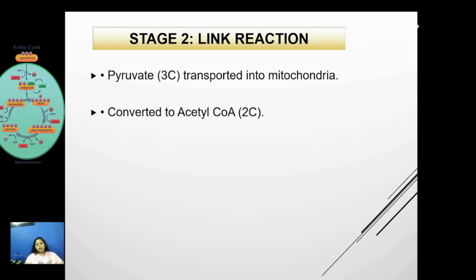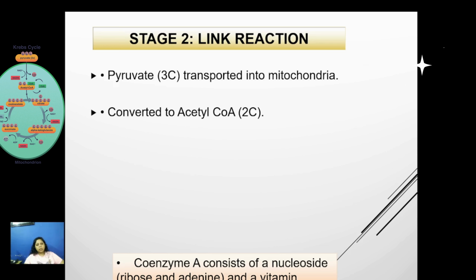Now what is CoA? CoA is a coenzyme. It consists of a nucleoside. So what is a nucleoside? There is a difference between nucleotide and nucleoside. A nucleoside is only the combination of the ribose sugar and one nitrogenous base, while the nucleotide has all three: the phosphate, the ribose, and the nitrogenous base.